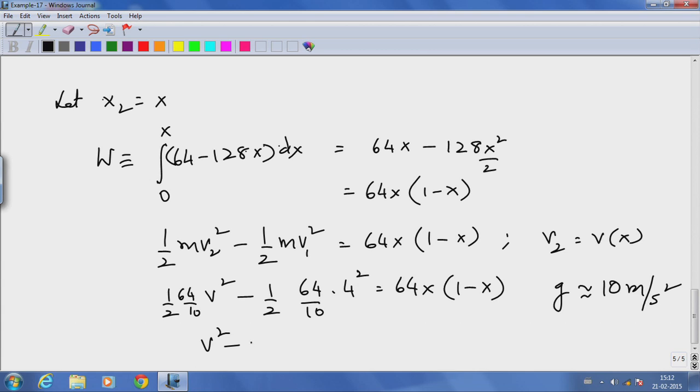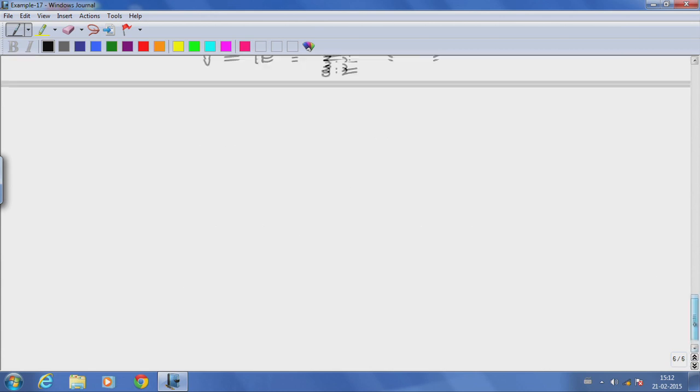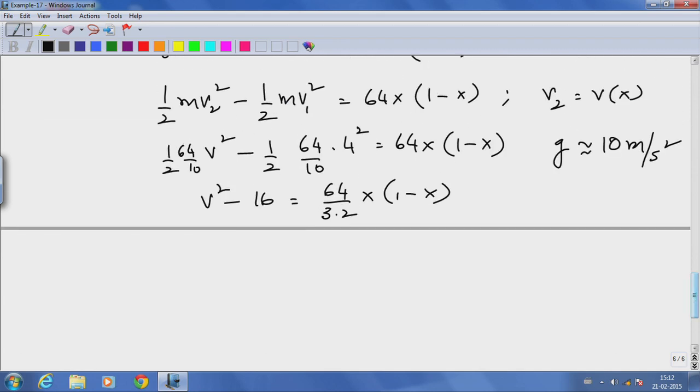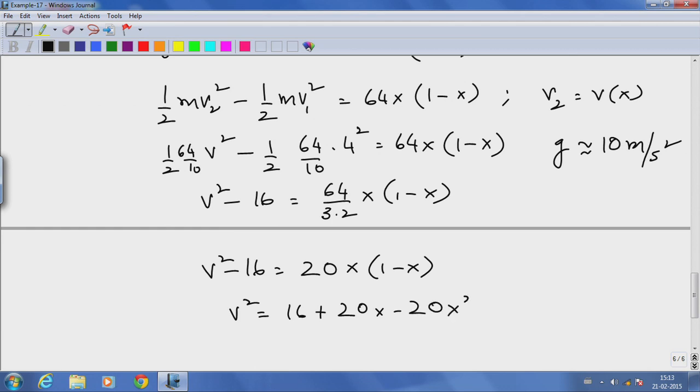So, what I do know is that v squared minus 16 equals 64 divided by 3.2 times x times 1 minus x, or v squared minus 16 equals 20 x times 1 minus x. v squared equals 16 plus 20 x minus 20 x squared.